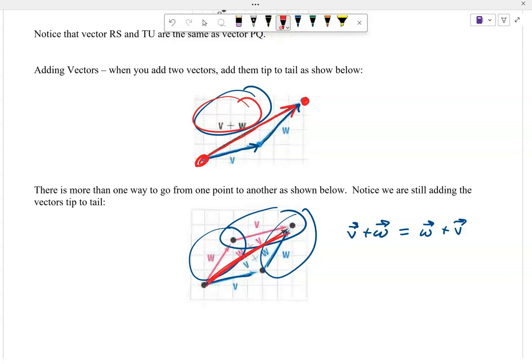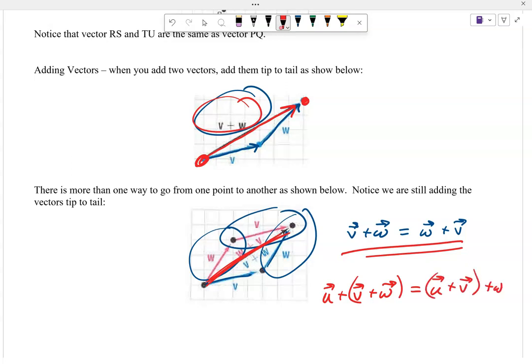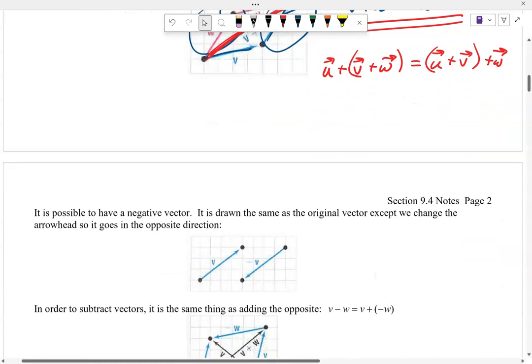So w plus v. The commutative property of addition holds, and the associative property also holds. If you do v plus w first before you add it to u, it's the same as u plus v plus w. So the associative property holds for vectors as well.